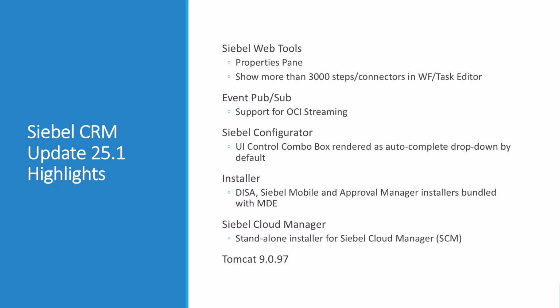Siebel CRM Update 25.1, the inaugural update package for Siebel 2025, is tightly packed with bug fixes, enhancements, and exciting new features. Siebel Web Tools continues to catch up to its non-web client-server sibling by adding the Properties Pane. Event publication and subscription for Apache Kafka can now be used to connect to the streaming service on Oracle Cloud Infrastructure.